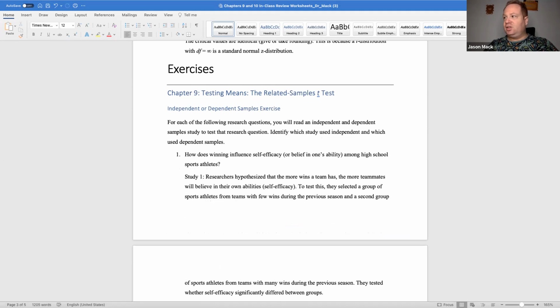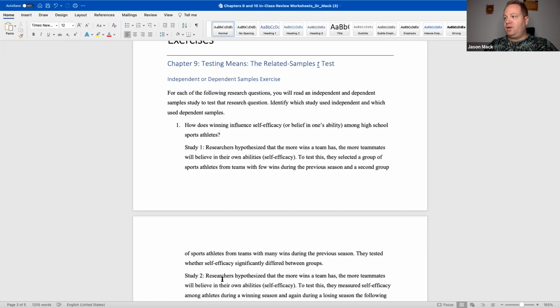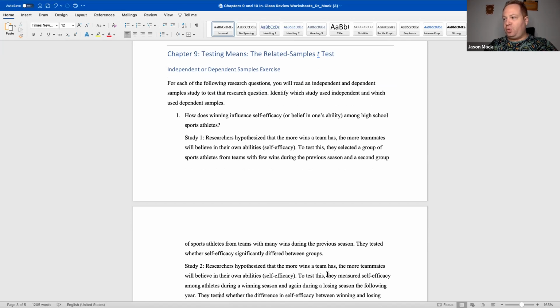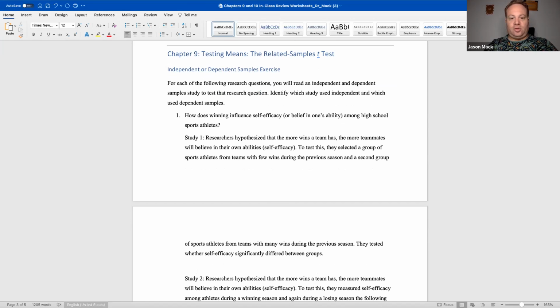To test this, they selected a group of sports athletes from teams with few wins during the previous season, and a second group of sports athletes from teams with many wins during the previous season. They tested whether self-efficacy significantly differed between the groups. So let's walk through this one. Our study 1 would be independent samples, and study 2 would be dependent or related samples.